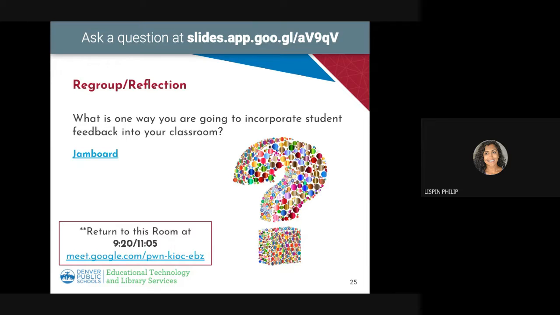So if you could, click on that link that Luke just posted and let us know how you plan to incorporate student feedback into your classroom. Let us know if you're going to use one of the tools that we talked about, or how you're going to get some info from your students. You can add a sticky note into that Jamboard and let us know what you're thinking.